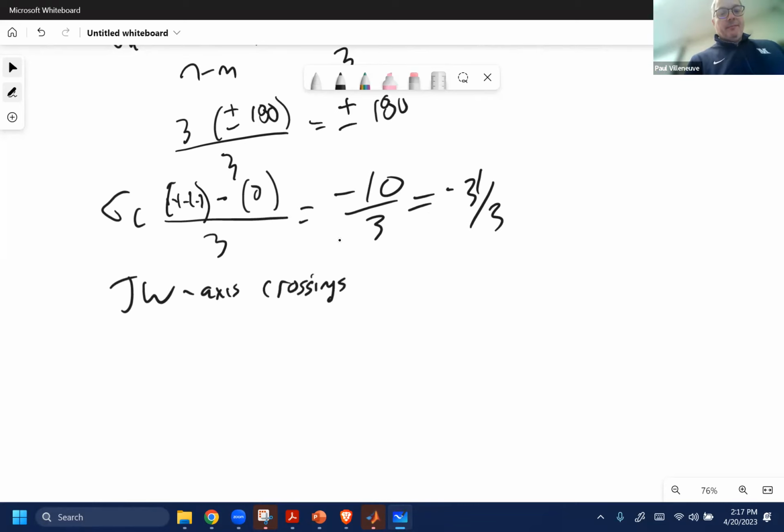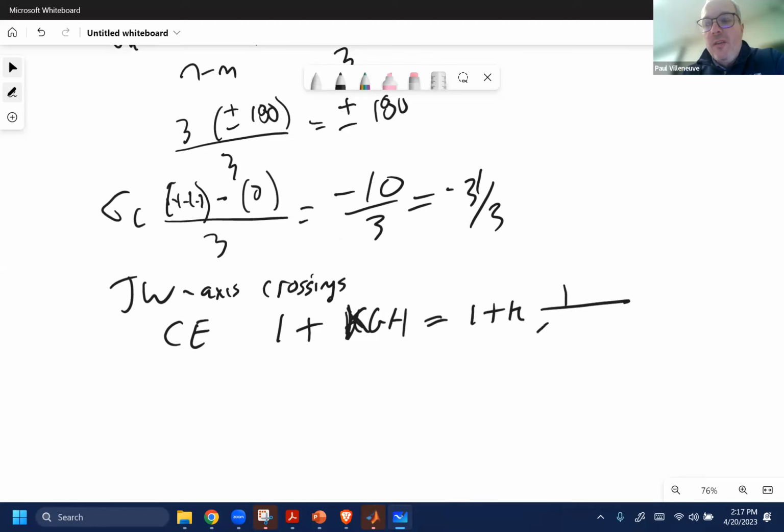So I need my characteristic equation, which is 1 plus k GH. I want to keep k in. So that's 1 plus k times 1 over s plus 1, times s plus 2, times s plus 7. Let's see if I can do this moderately quickly. That's when I just multiply out the s plus 1 times the s plus 2.